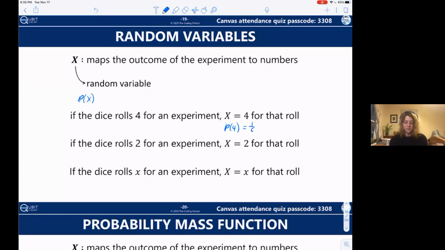It is 1/6 if it's a fair dice, and the same thing goes for the rest of these. I guess we don't have a function explicitly for what the probability of x is, but since we know the probability of any of these variables is 1/6, we can just say that the probability of x is 1/6.